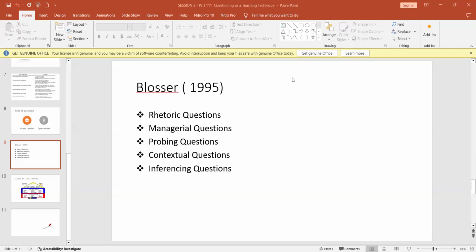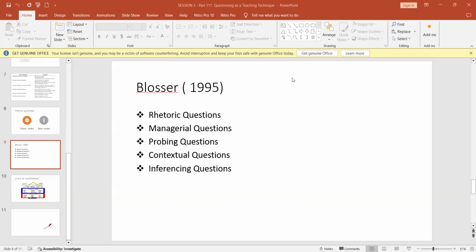The teacher asks questions for the purpose of classroom management. Have you done your homework today? Why didn't you do your homework today? Like that, the teachers ask questions not only for the purpose of learning and teaching, but for the classroom management. That is also another type that the teachers use.